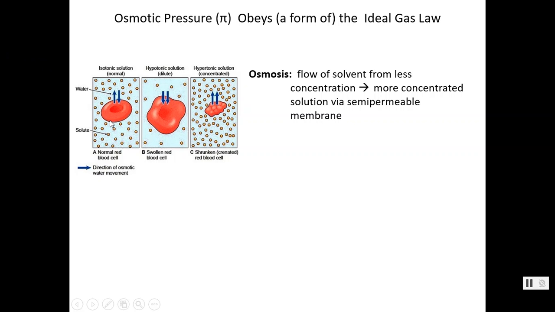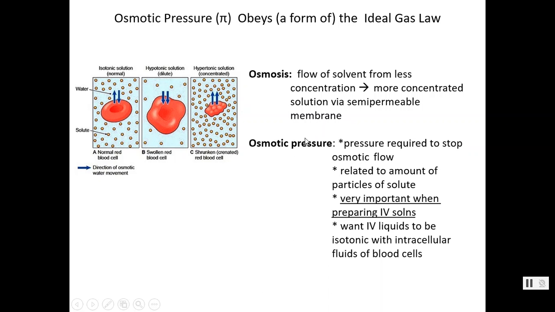So that's why osmotic pressure is really important to maintain with the biological fluids of an organism. And so the pressure that is required to stop the osmotic flow, or to equal the osmotic flow of a cell, is called osmotic pressure.